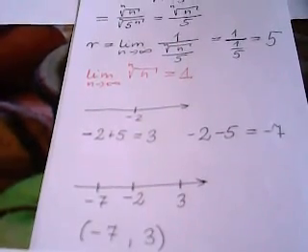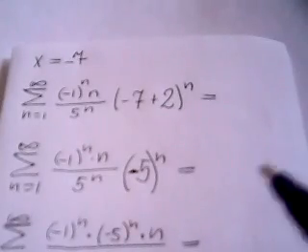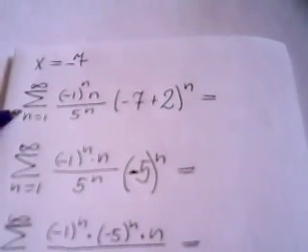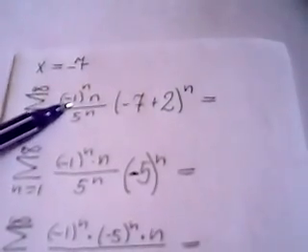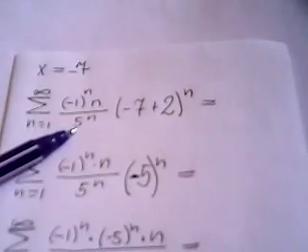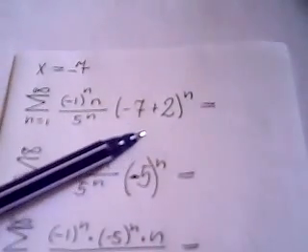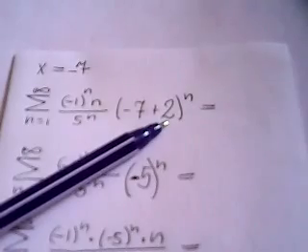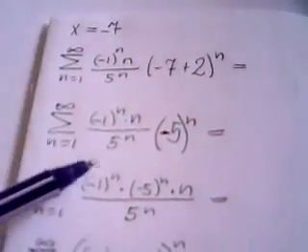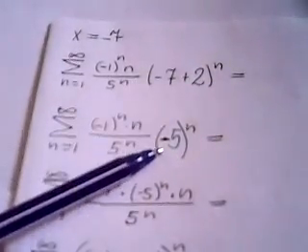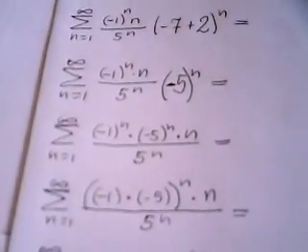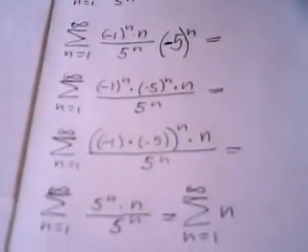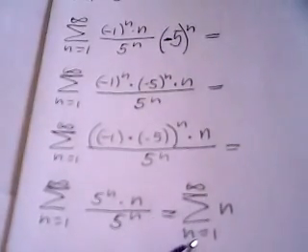Very, very important. I substitute -7. I write the sum from n equals 1 to infinity of (-1)^n times n over 5^n, and in brackets (-7 + 2)^n. I obtain -5 from this bracket, and I simplify. Finally, I obtain the sum from n equals 1 to infinity of n.